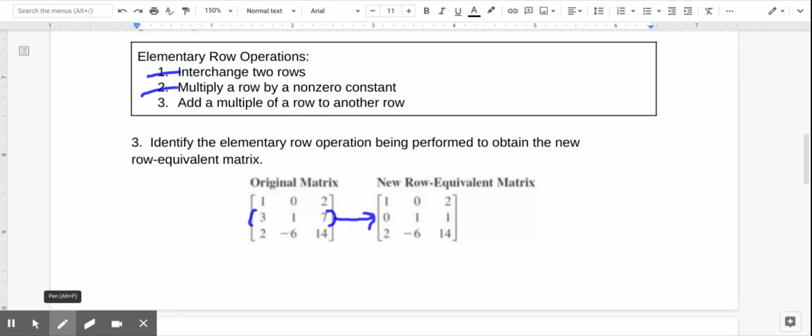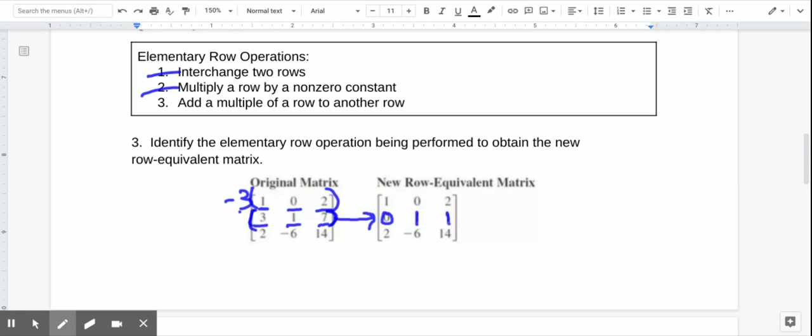So let's see. Maybe this. If we multiply this row by negative 3 and then add it to the second row, what happens? Negative 3 times 1 is negative 3 plus 3 would give us 0. Negative 3 times 0 is 0 plus 1 would be 1. And negative 3 times 2 is negative 6 plus 7 would be 1.